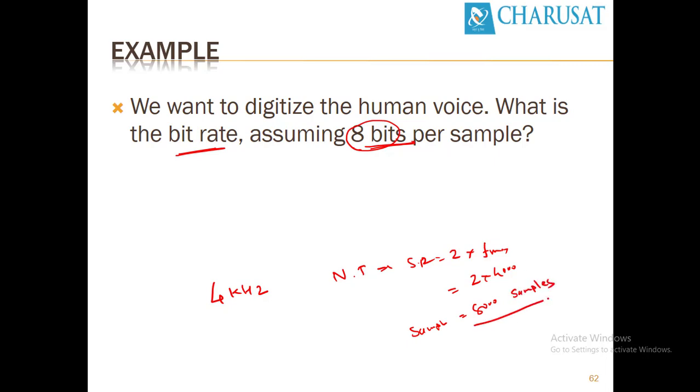That 8000 samples means that if this is an analog signal, in 1 second of duration we take 8000 samples. For each sample, we will have some voltage value. So we will have 8000 voltage values, and for each voltage we will use 8 bits per sample. To get the actual bit rate to transmit data, the 8000 samples have to be multiplied by 8 bits.